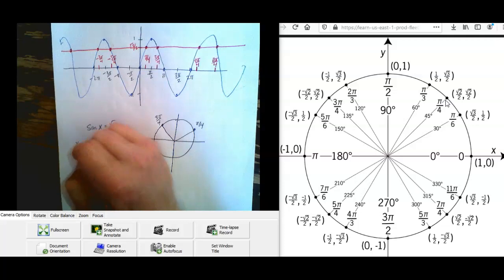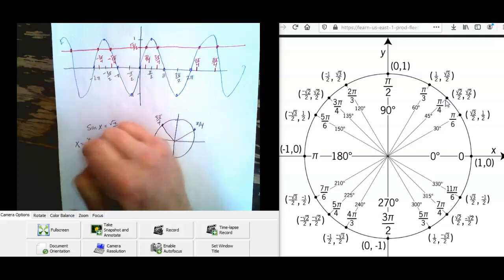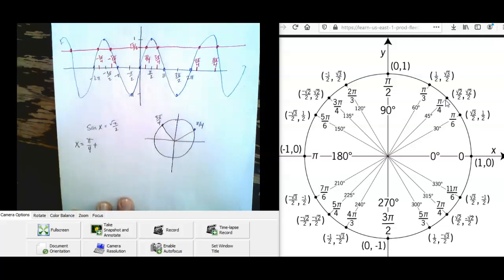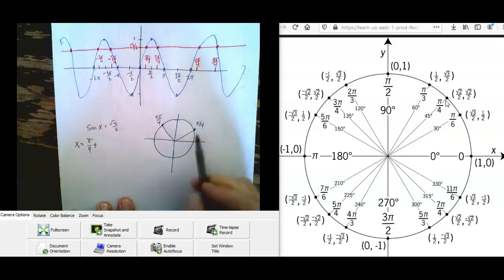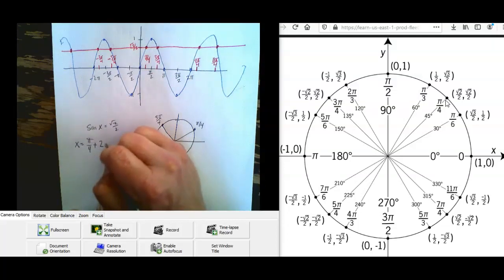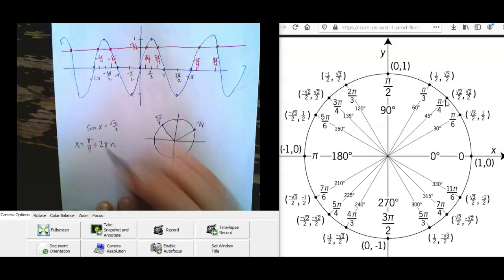So we have solutions like pi over 4 plus 2 pi, right? So any multiple of 2 pi is going to get us back to this location on the unit circle. So we just add 2 pi times n, right? So this accounts for all the solutions, pi over 4 in every revolution around or the reverse direction, right?